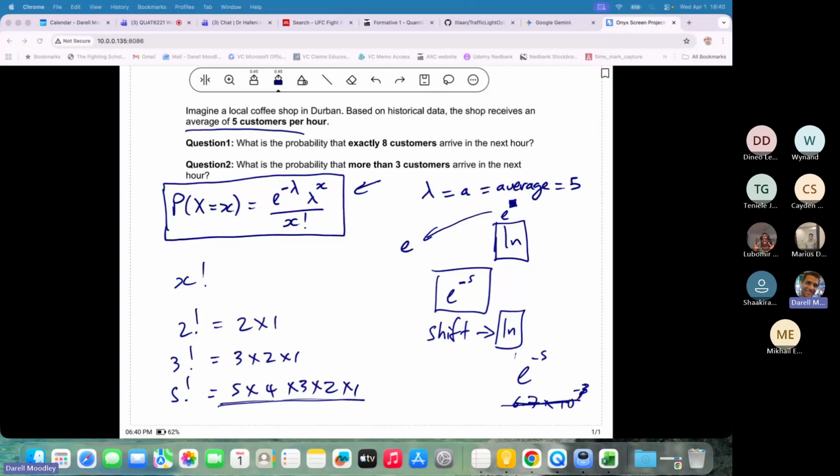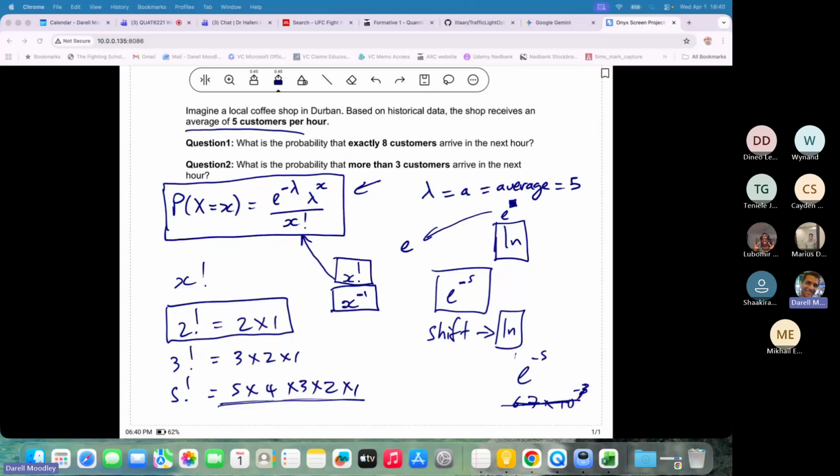So for instance, let's say I wanted to work out 2 factorial. You will look in your calculator, you'll have a button, x to the -1, right at the top of your calculator. Above that, it has x factorial. That is the same thing we're going to use in this equation.